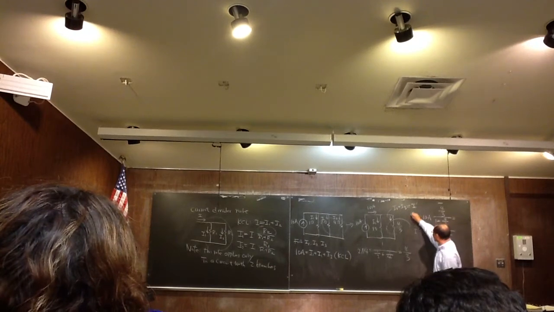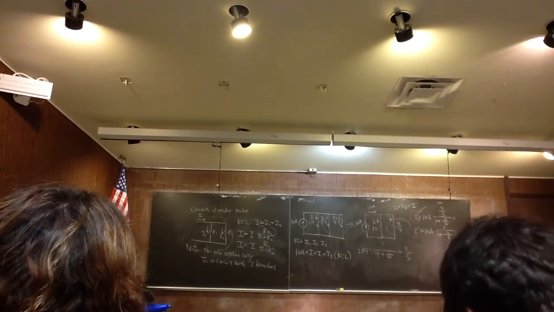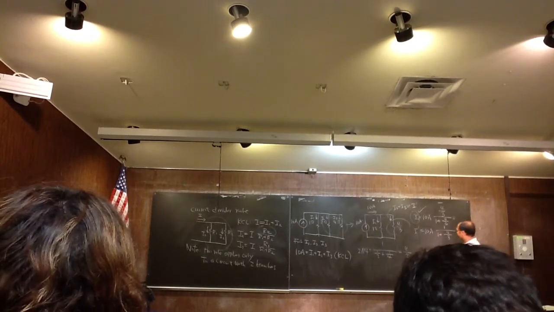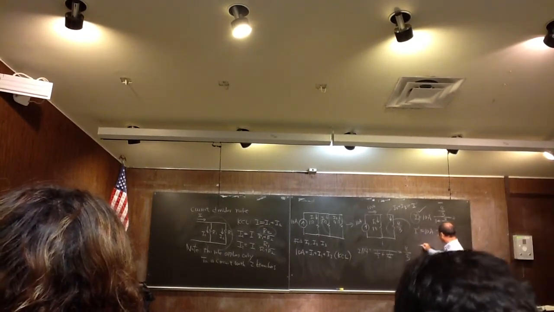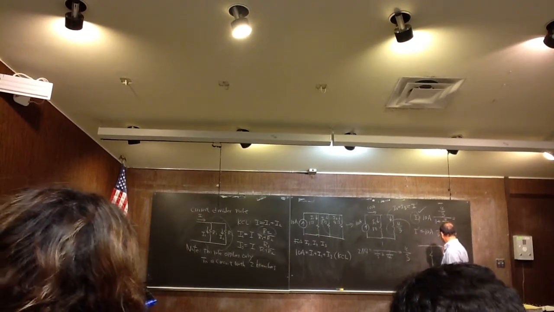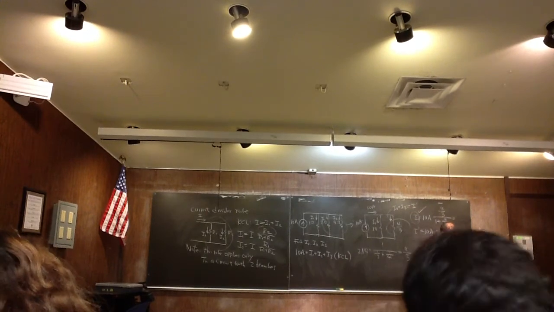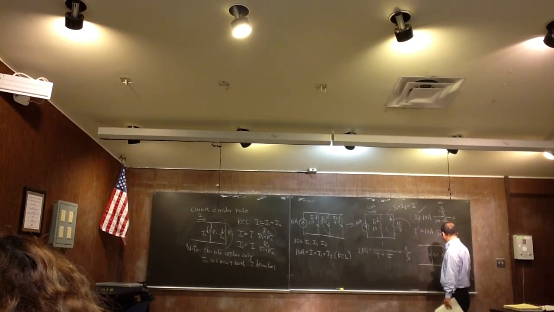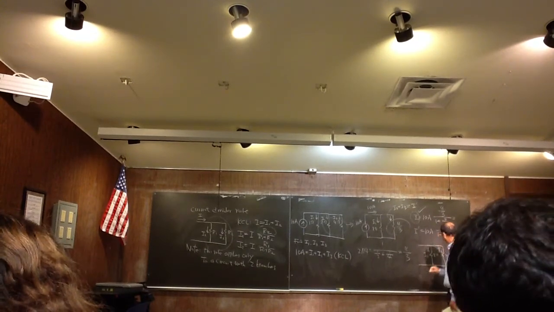So now we have found I1. That was one of the problems. But next we have to try to find I2 and I3. So now we have 2 ohm, 4 ohm. This is I2. This is I3.